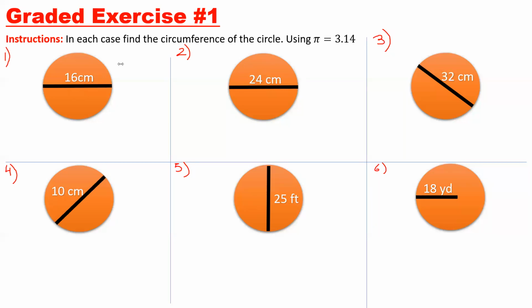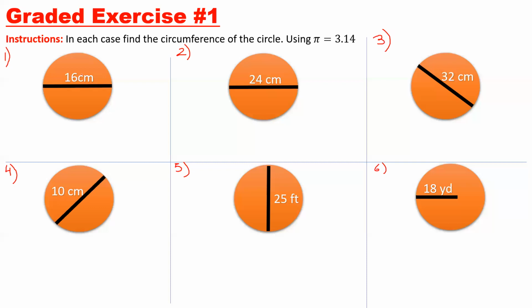Yes, sir. So let's look at number 1. What do you have so far for number 1? What is half of 16? 8. 8, good. So what's the radius? 8.